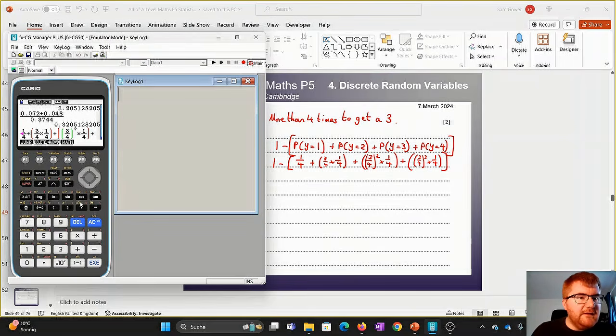And then we've got plus 3/4 cubed, where your natural display calculator is very useful. And then we pop in 1/4, close bracket.